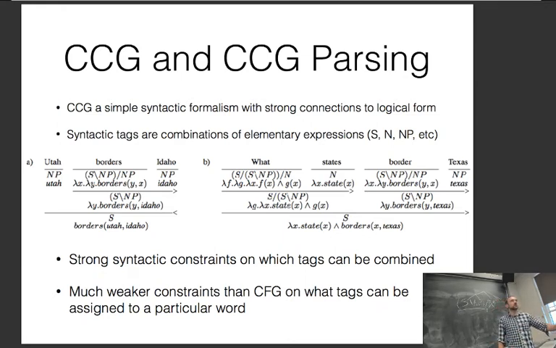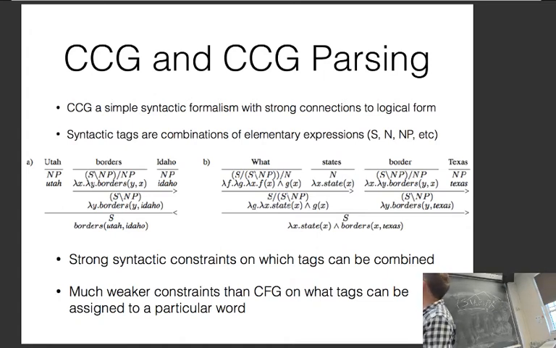First-order logic expressions are relatively simple to deterministically turn into queries over knowledge graphs, etc. So, for example, borders Utah, Idaho, you could look up, what states border Texas?